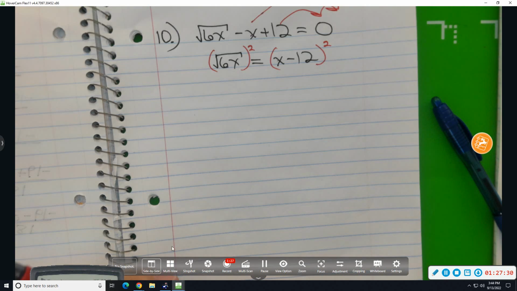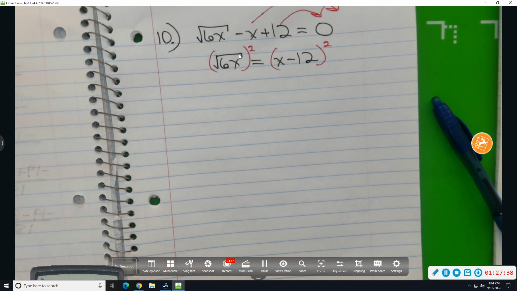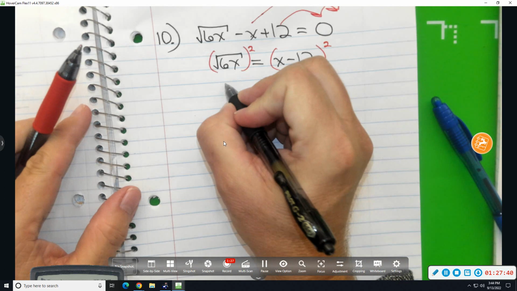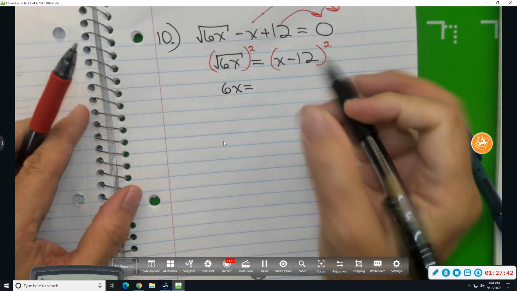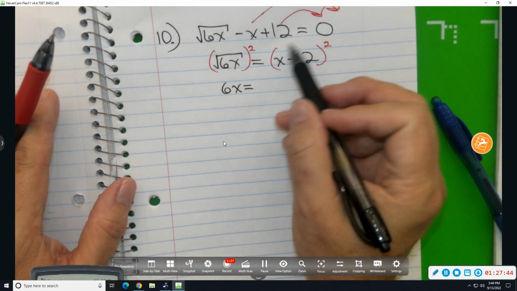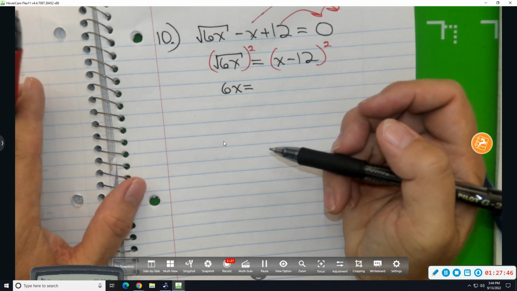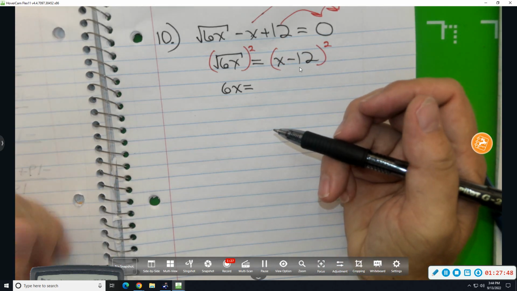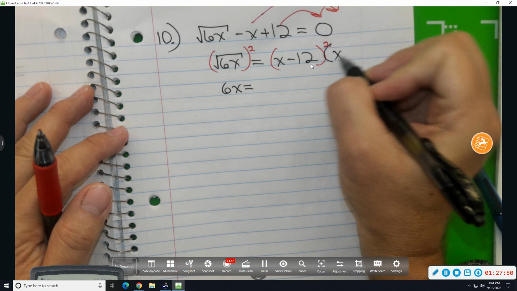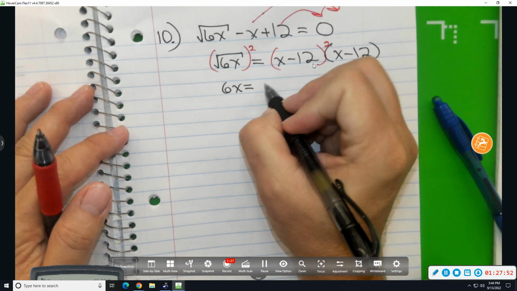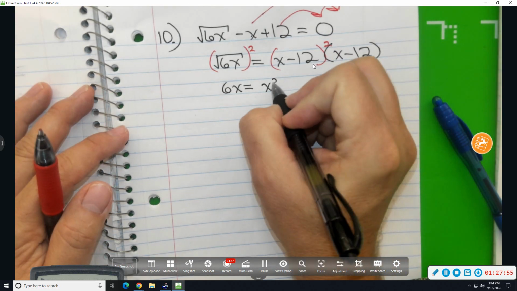If you think I've miscopied a problem, you call out. Don't let me get through with it. Well, the left-hand side cancels nicely. The square root and the square just cancel out, giving us a 6x. What are we going to have to do here? Squaring that x minus 12. Write it twice and FOIL it out. First, x squared.